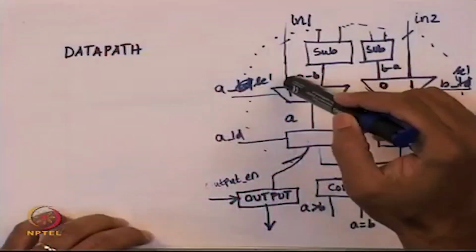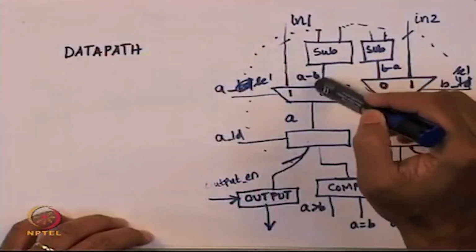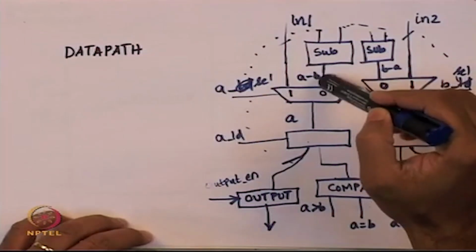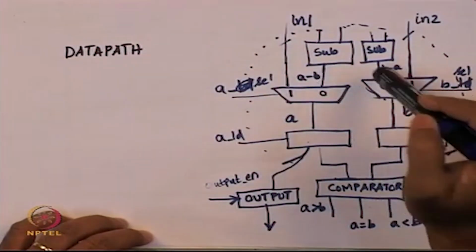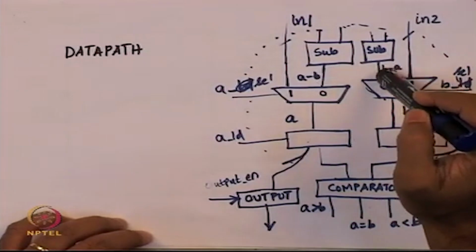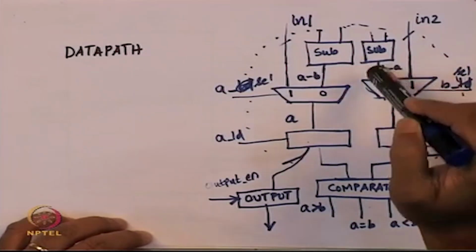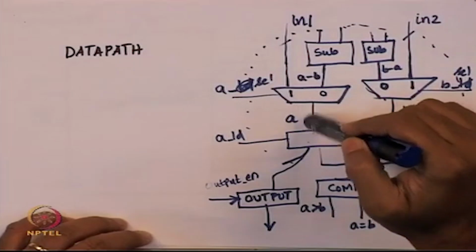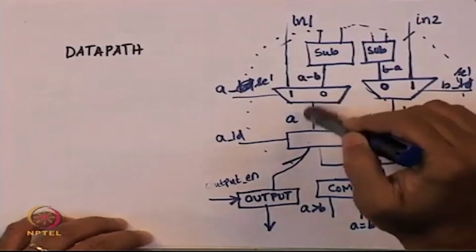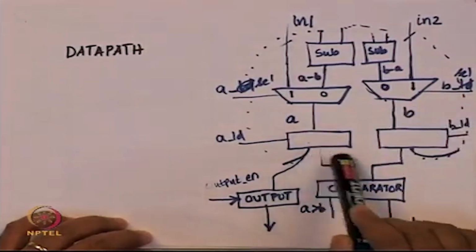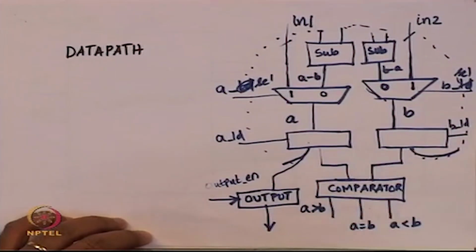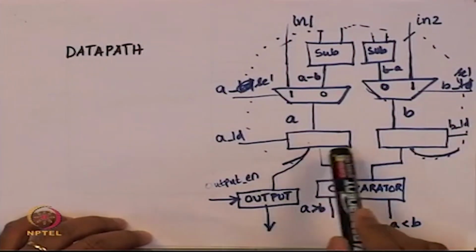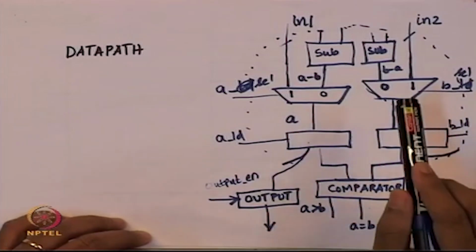The first thing I am going to do is take the wires. Input 1 already has a name, but this one will need wiring. This signal here will need a name, this signal coming out of the subtractor will need a name, and this coming out of a mux will need a name. These two will need a name, and these two going to the comparator will need a name, and that is pretty much all the names that we need.